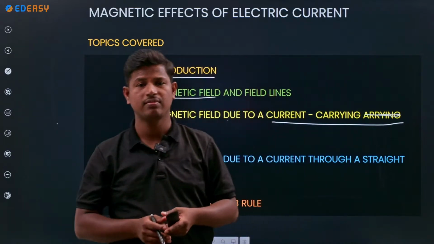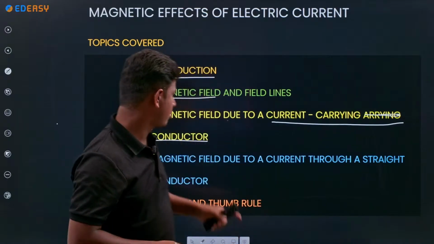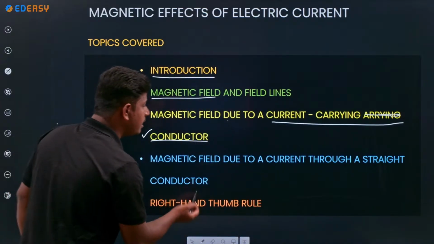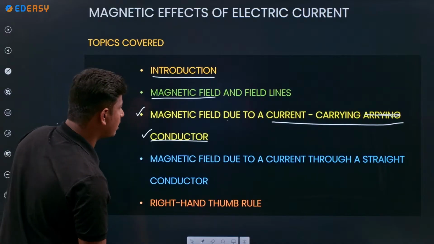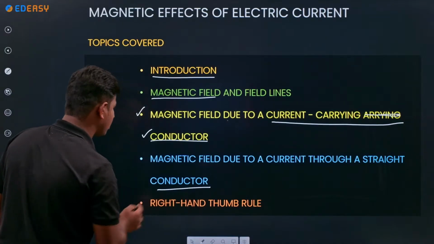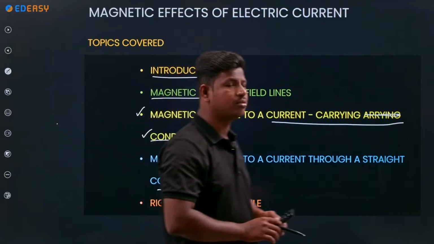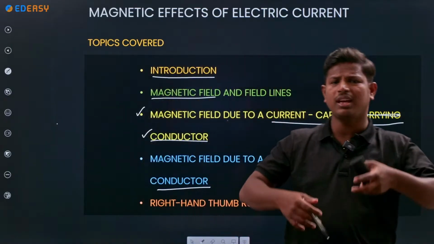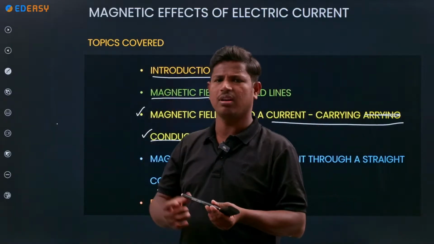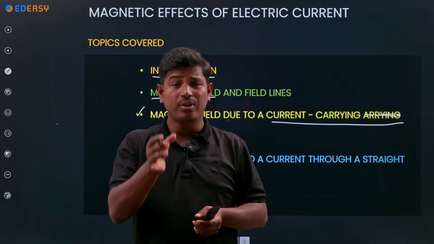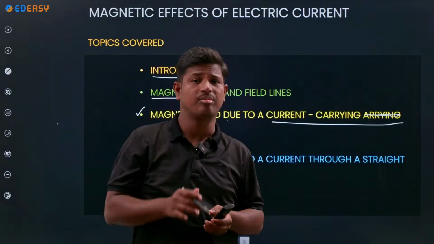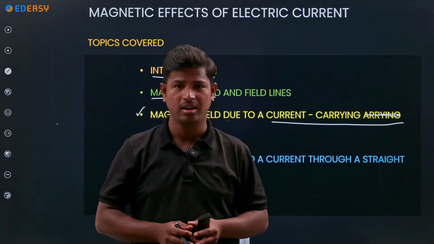Those relations we will discuss in this topic. Next, magnetic field due to current through a straight conductor. If you take a straight conductor, how will the magnetic field be? If you change the shape, how will it be?